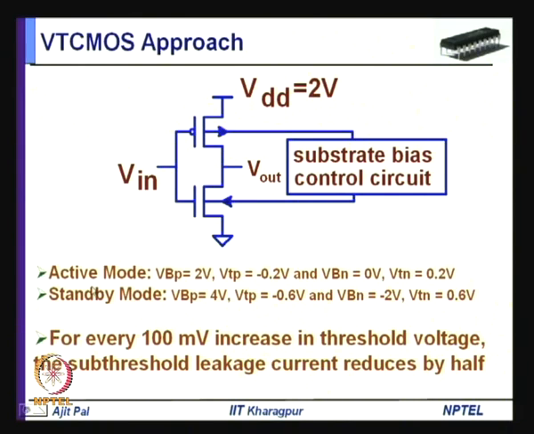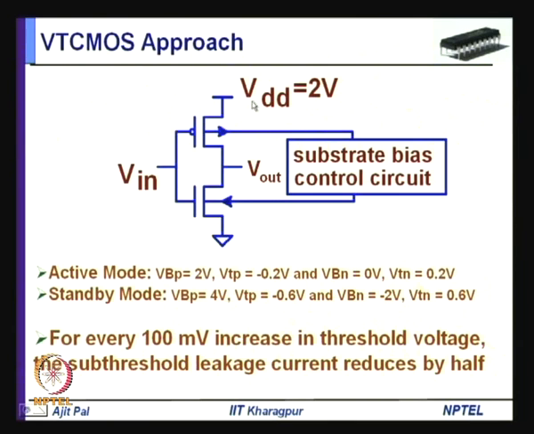In the active mode, when the circuit is in operation, you will apply different body bias. For example, you will apply VBP, that means PMOS transistor body bias is 2 volt, and the corresponding threshold voltage is minus 0.2 volt. Here it has been assumed that the supply voltage is 2 volt, and for the NMOS transistor VBN is 0 volt, that means 0 body bias.